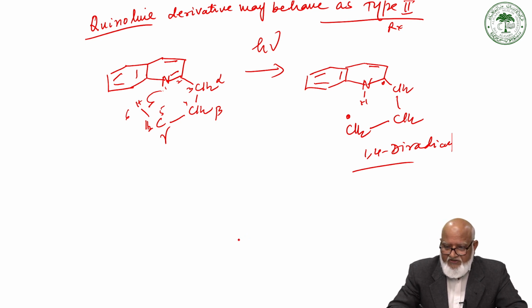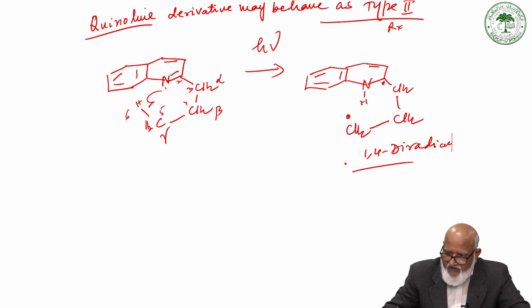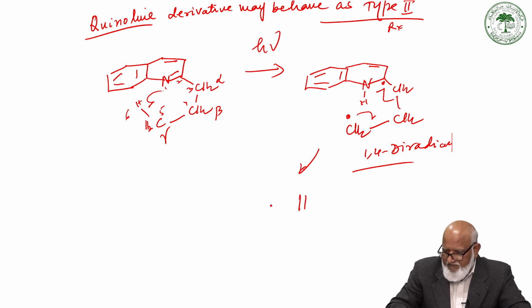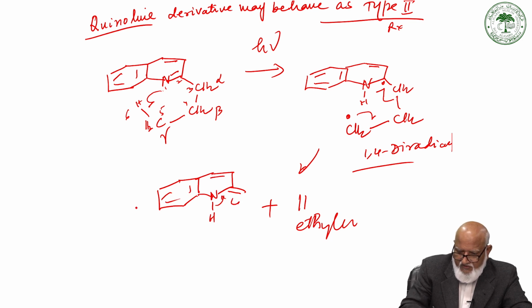Excited under photolytic condition, it abstracts the gamma hydrogen to give a 1,4 diradical, and then this undergoes fragmentation to give the loss of ethylene, and then we have a C double bond N, an exocyclic double bond, and then H, and this aromatizes to give 2-methylquinoline.